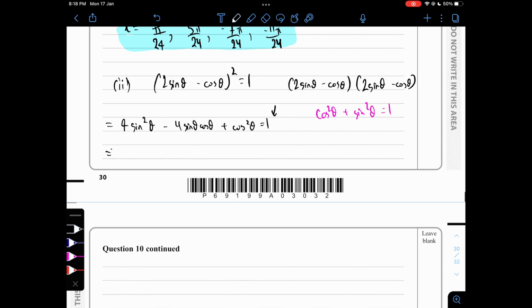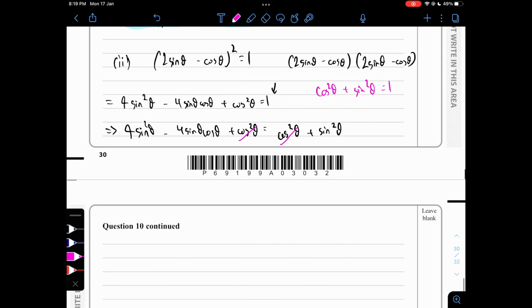So that'll be 4 sine squared theta minus 4 sine theta cos theta plus cos squared theta equals cos squared theta plus sine squared theta. Then you can see here the cos squared cancel with the cos squared and sine squared, and this becomes a 3. So we're left with 3 sine squared theta minus 4 sine theta cos theta equals 0.